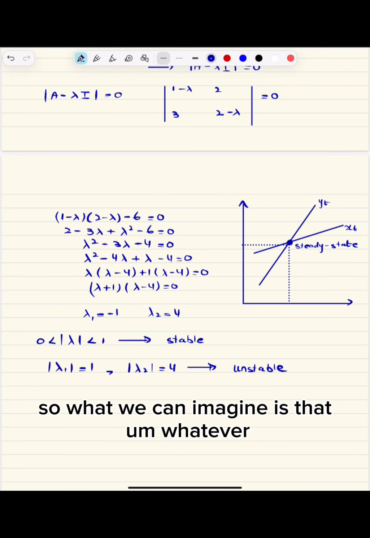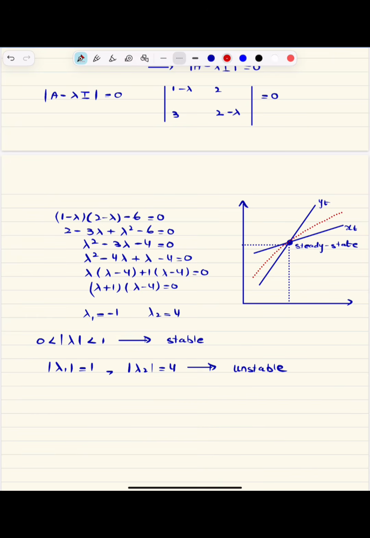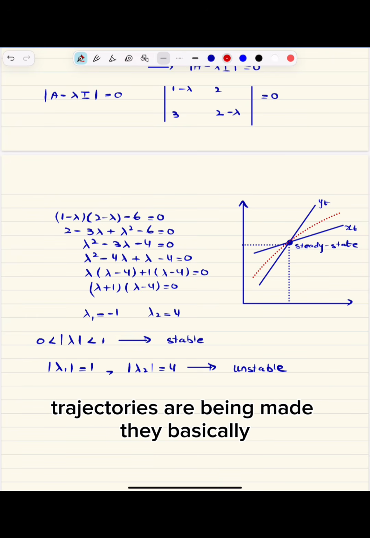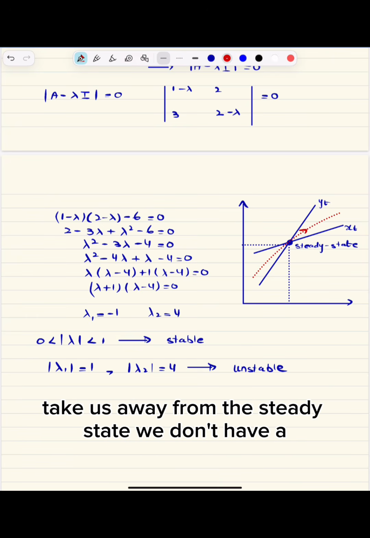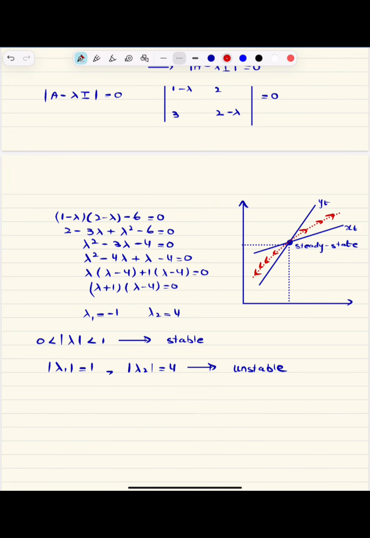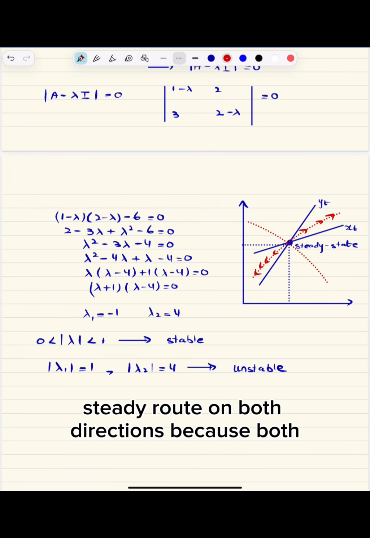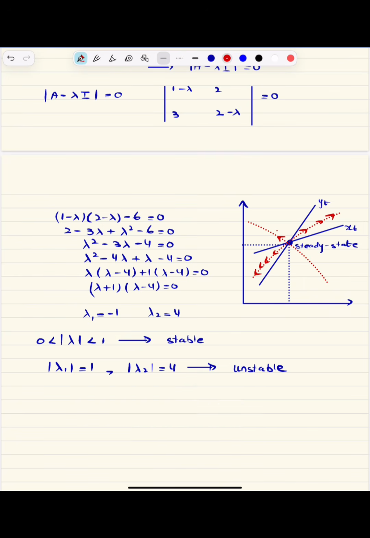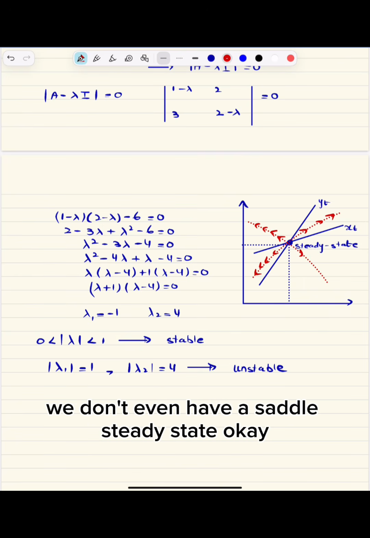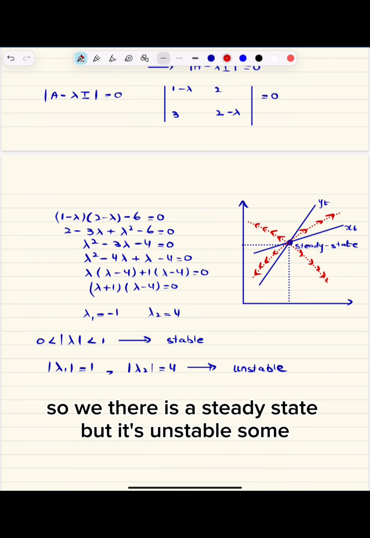So what we can imagine is that whatever trajectories are being made, they basically take us away from the steady state. We don't have a stable root in both directions, and we don't even have a saddle steady state. Okay, so there is a steady state, but it's unstable.